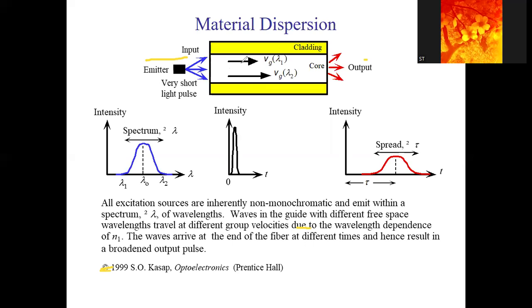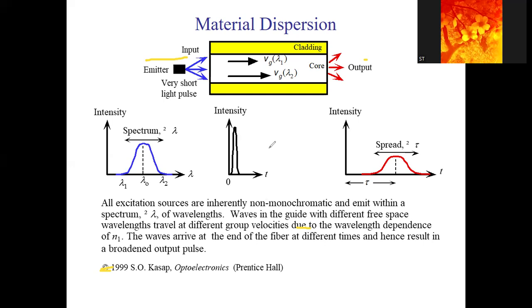From here, the signal travels through the optical fiber with velocity Vg, and this velocity is dependent on the wavelength. So waves in the guide with different free space wavelengths travel at different group velocities.